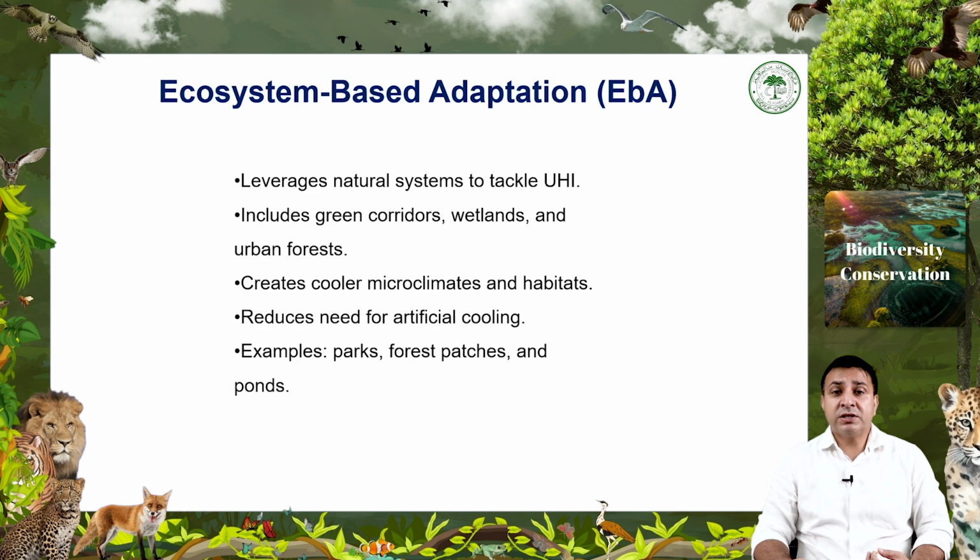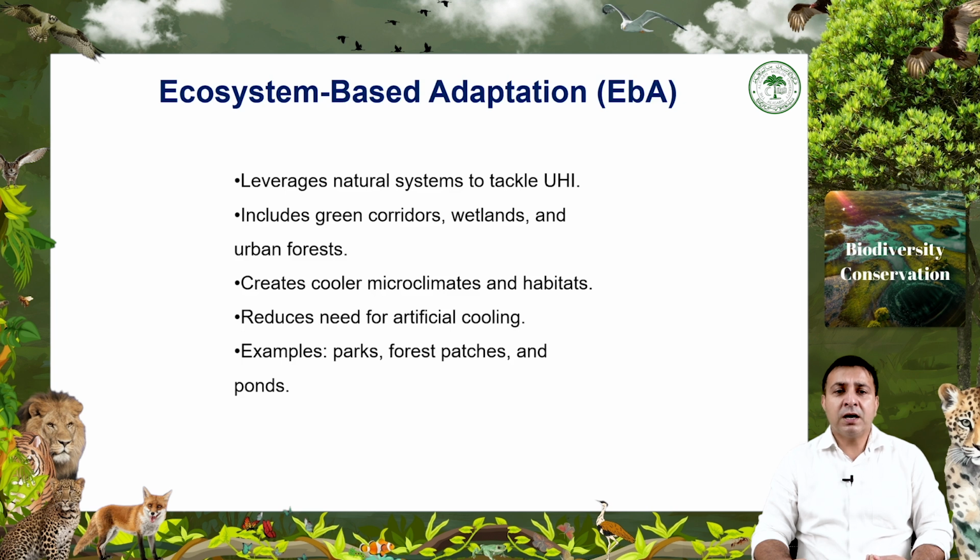Ecosystem-based adaptations use natural systems to help cities adapt to urban heat island effects. This approach includes creating green corridors, restoring wetlands and planting urban forests, all of which provide cooler microclimates and natural habitats.